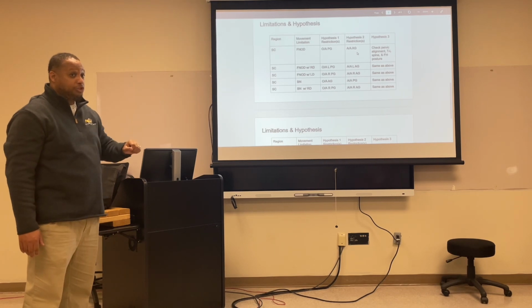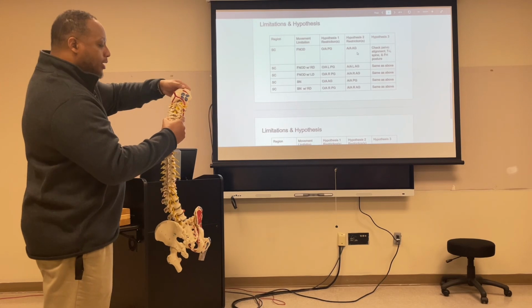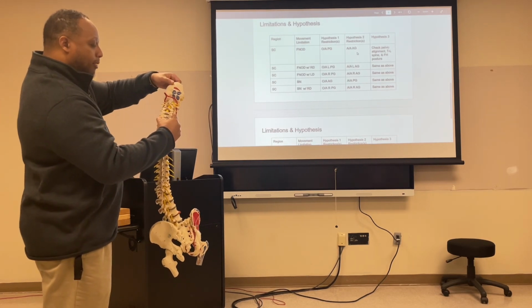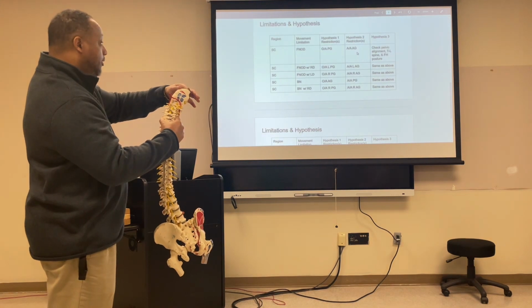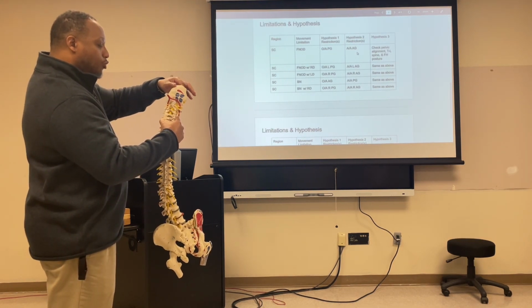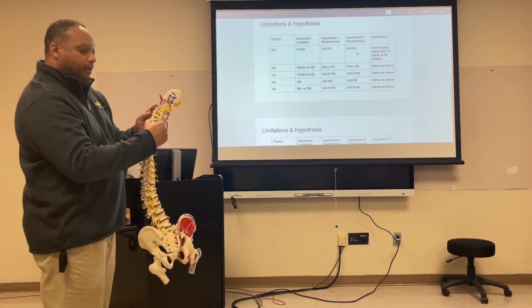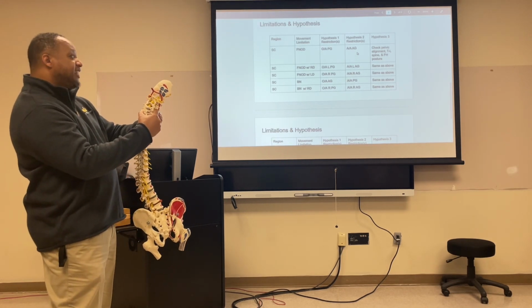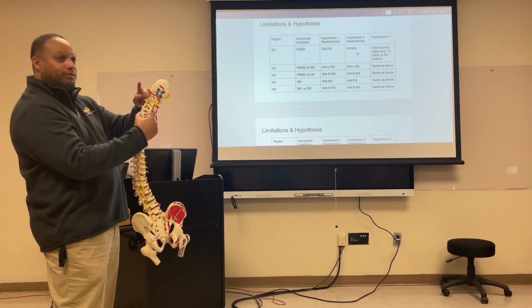Now you have to visualize this. With Charlie, I'm forward nodding, but now my chin is deviating to the right. My chin is deviating to the right because this left side won't posterior glide like it's supposed to.